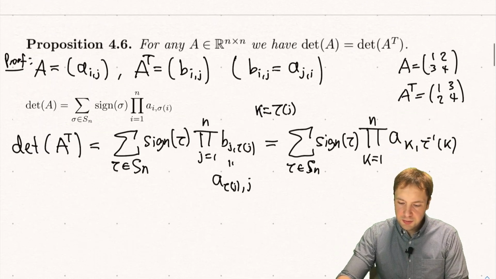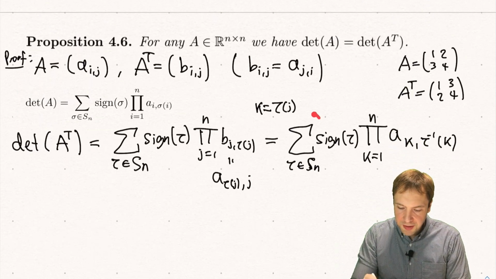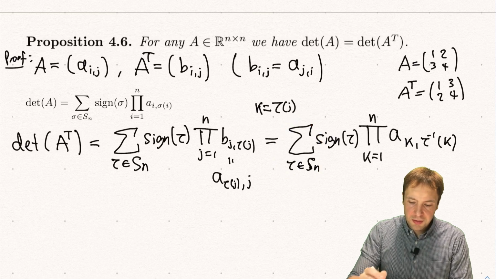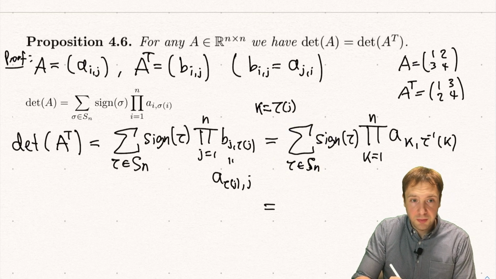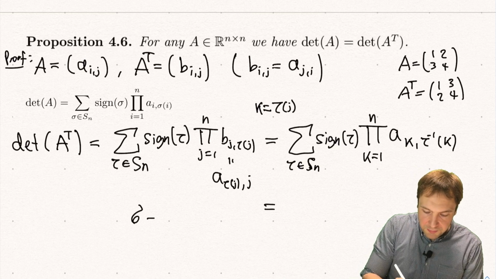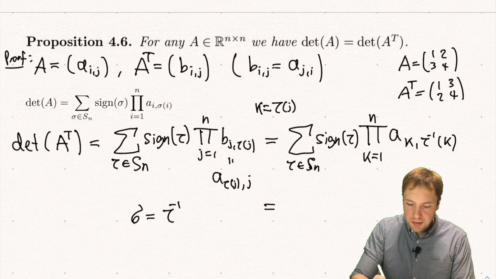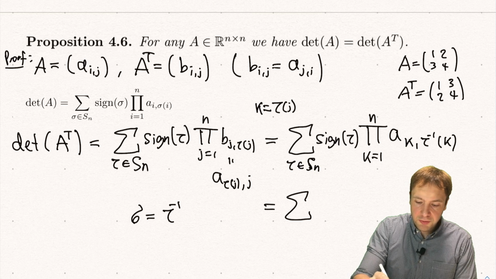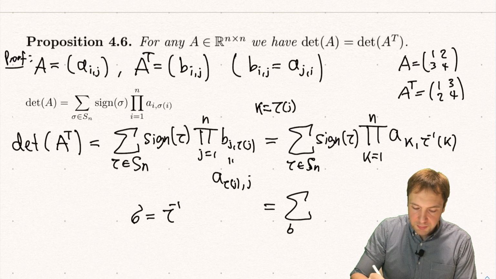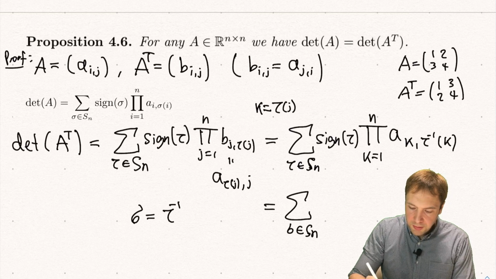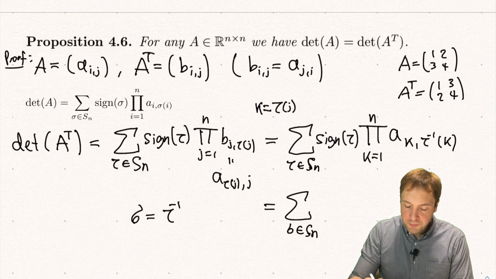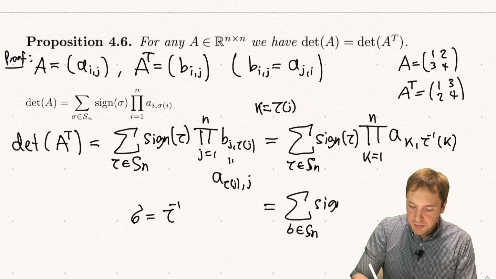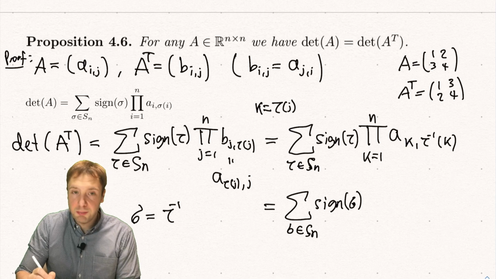So here, instead of taking the sum over all tau in S_n, we could also make a renaming and say that sigma we call now tau inverse. And if we sum over all inverses of tau, it's the same as taking the sum over all sigmas. And now here we would have the sign of tau inverse, but this is the same as the sign of sigma by the lemma before.